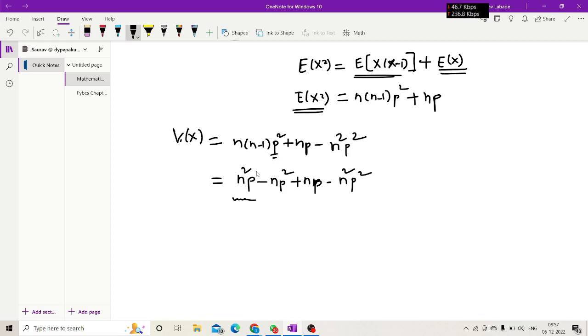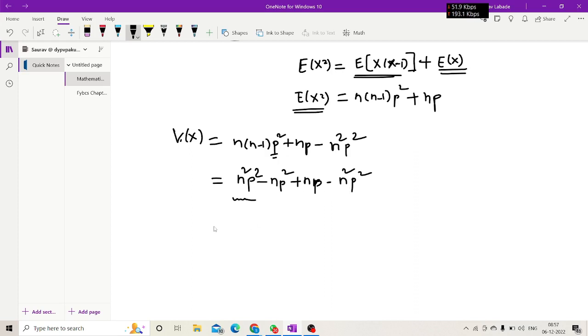The second will be minus np square, the third is plus np, and the last will be minus n square p square.